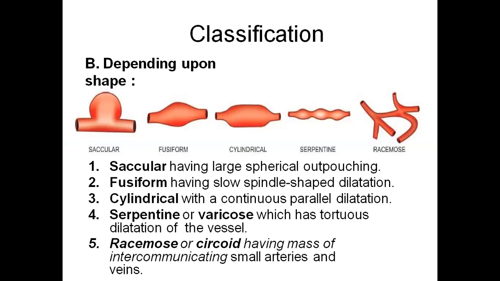The third is cylindrical, with a continuous parallel dilatation. The fourth is serpentine or varicose, which has a tortuous dilatation of the vessel. You can see multiple bulging spots. And the fifth is cirsoid or racemose, having a mass of intercommunicating small arteries and veins.